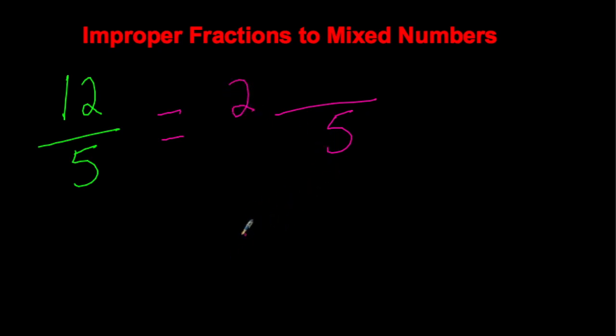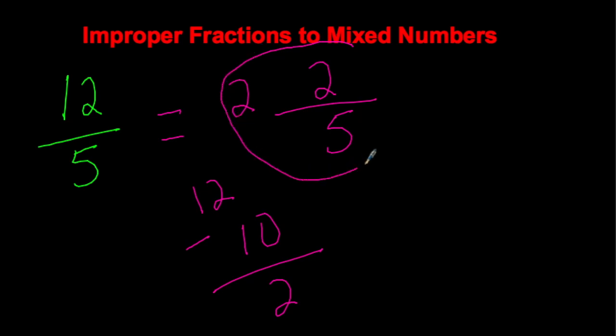Now you take your 10 and subtract it from 12, that's 2. So your remainder is 2. So your mixed number is 2 and 2/5. As you can see, this is already reduced, so we don't have to reduce it further. So this is the final answer.